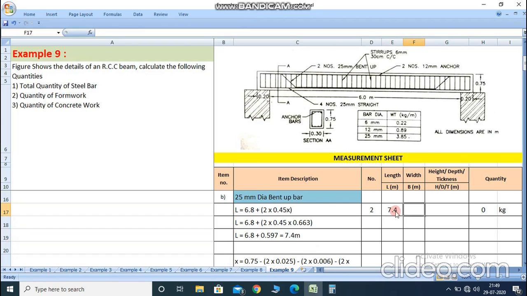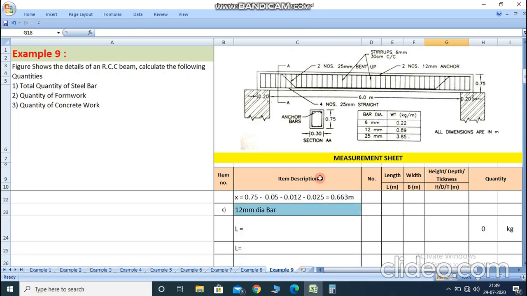At the rate per meter length, weight is given for a 25 mm dia bar. Weight per meter length in kg is given 3.85. So total quantity we find out is 56.98 kg for two numbers of 25 mm dia bent up bar.